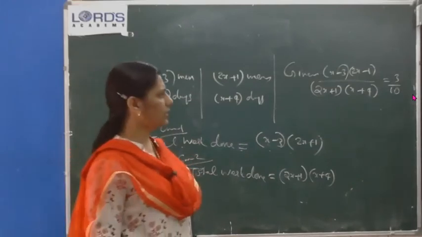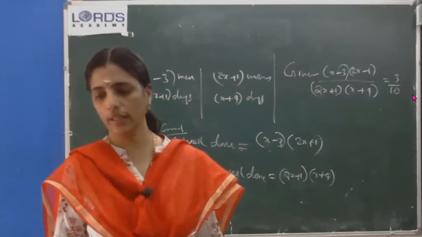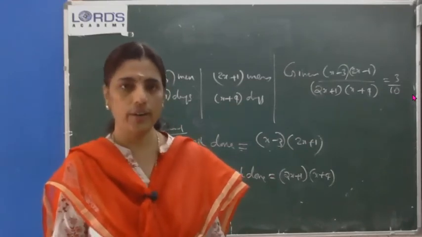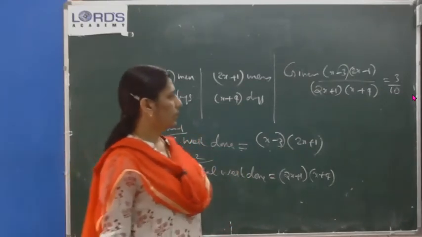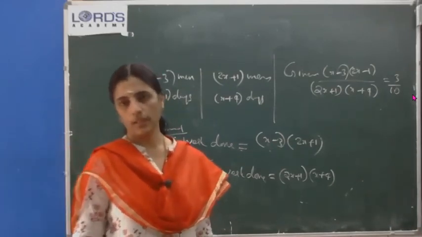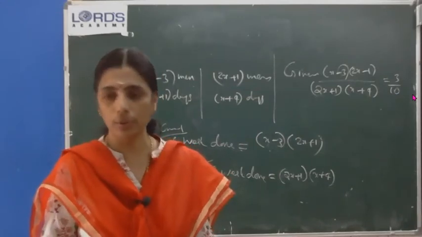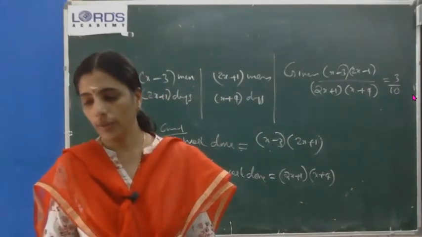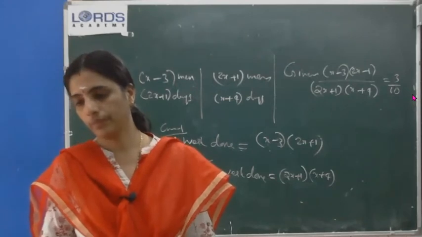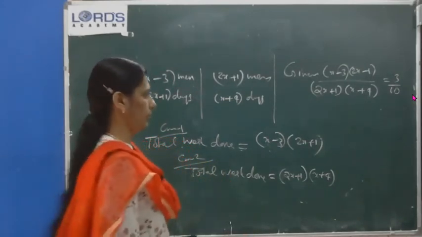A quadratic equation comes, and you know how to factorize. Simplify and get the value of x. If you get a negative value, that is inadmissible, so take the positive value. That's the value of x.